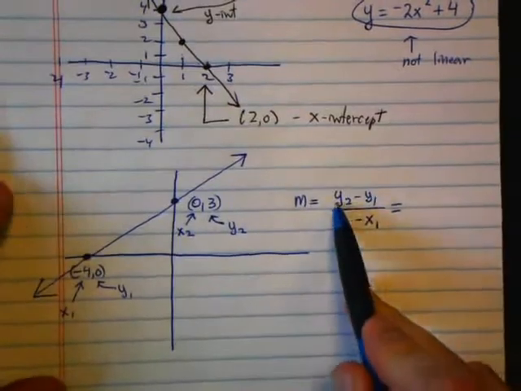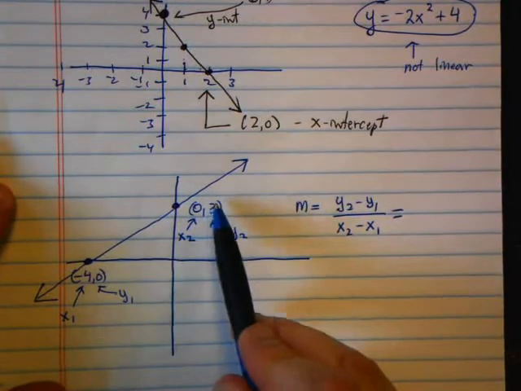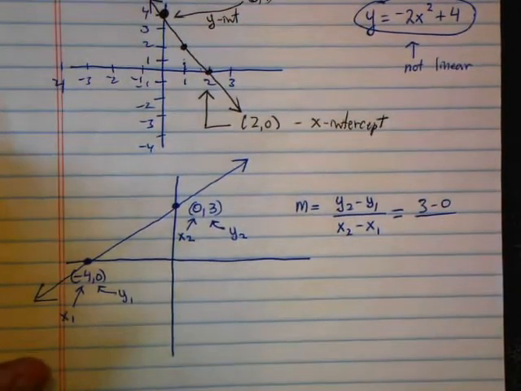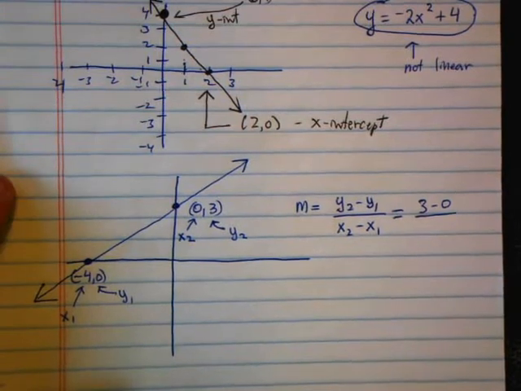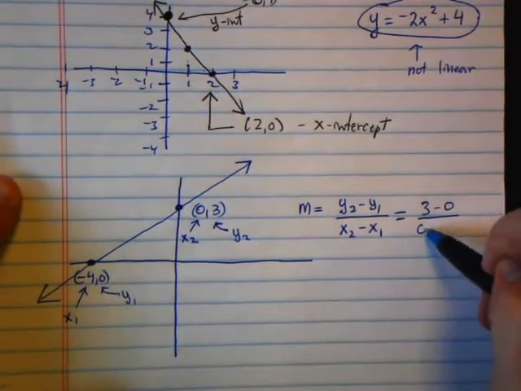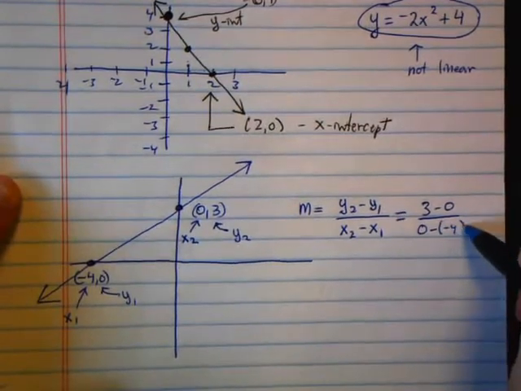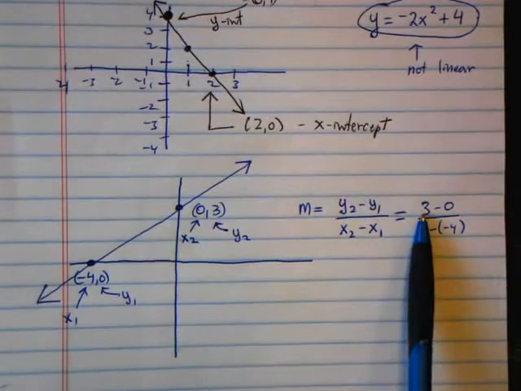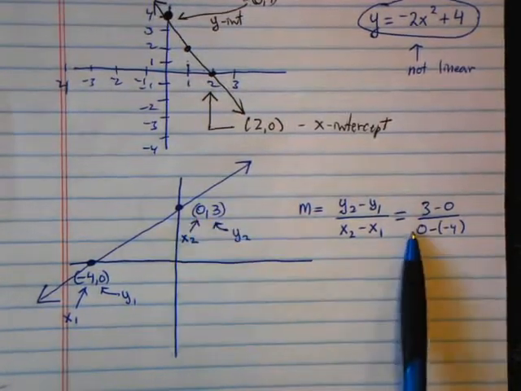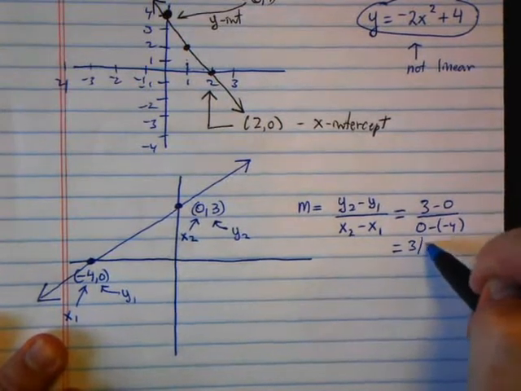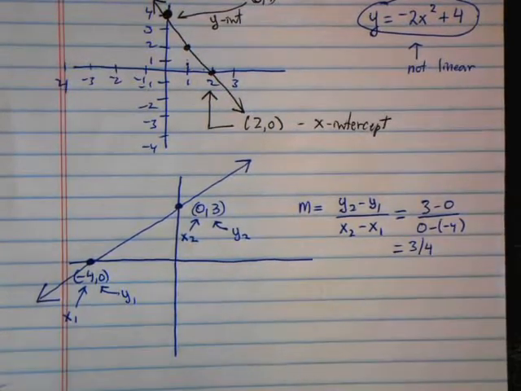So y2 minus y1, that's going to be 3 minus 0, divided by, what's x2 minus x1? 0 minus negative 4. Very good. You have to keep it in the same order. Since I used 3 in the y2 position, I have to use 0 in the x2 position. So that's 3 over 4.